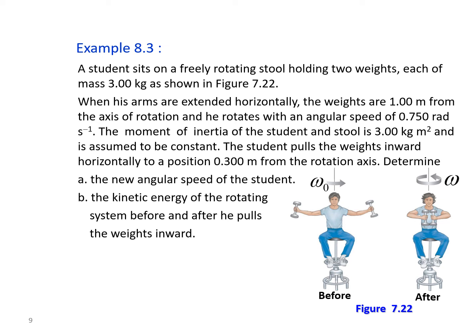The moment of inertia of the student and stool is given as 3 kilogram meter square, and it is assumed to be constant. The student pulls the weights inward horizontally to a position 0.3 meter from the rotation axis, as you can see in the figure, before and after. Now they want to determine the new angular speed of the student, and then the kinetic energy of the rotating system before and after he pulls the weights inward.